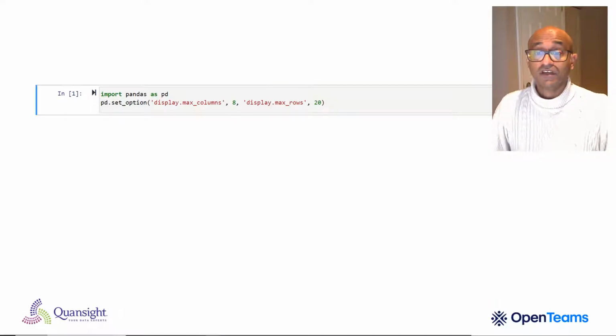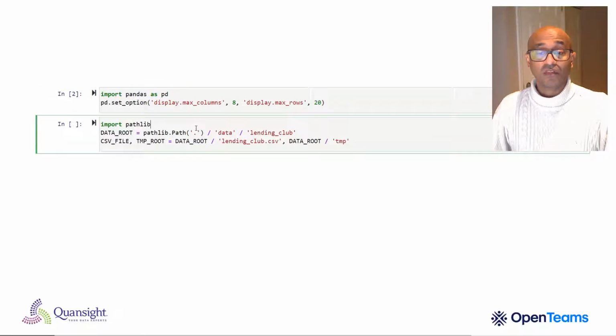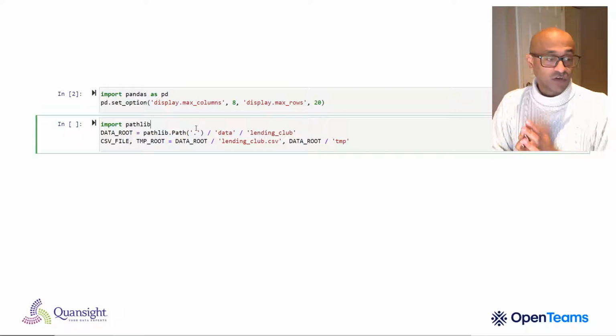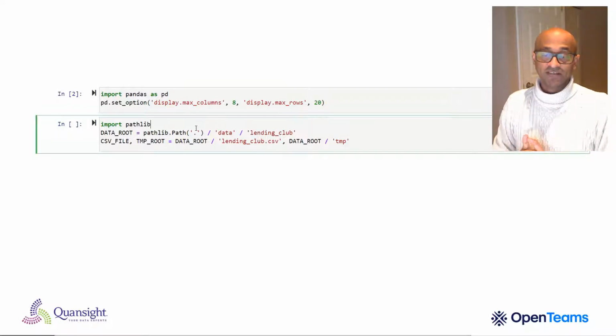So to start, we'll do some generic Pandas imports, and we'll then define, using the pathlib library, particular convenient shorthand for paths for the data files that we'll be looking at.